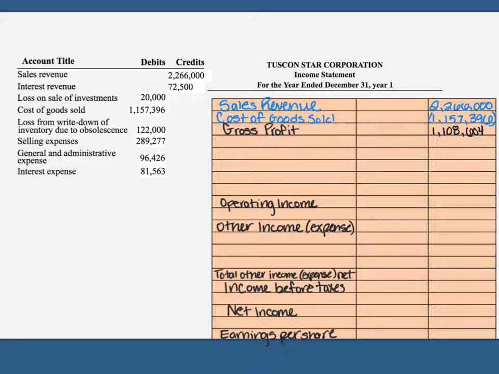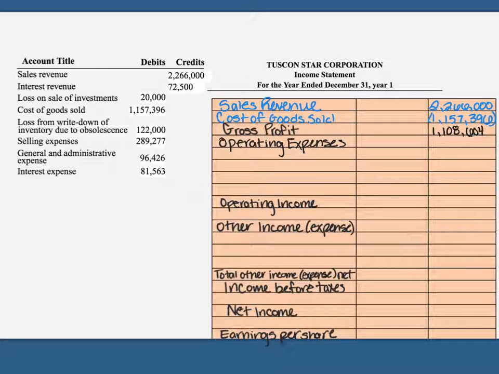Moving on, we'll then calculate our operating expenses. I'm going to put a title for that right below gross profit. Our operating expenses are day-to-day expenses that are frequently incurred. They help sell the product, and you'll see them routinely increasing or decreasing.